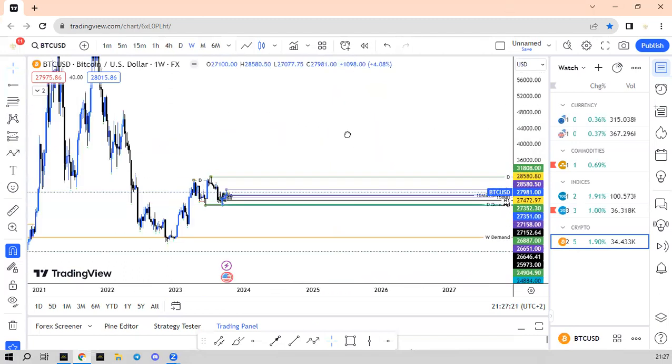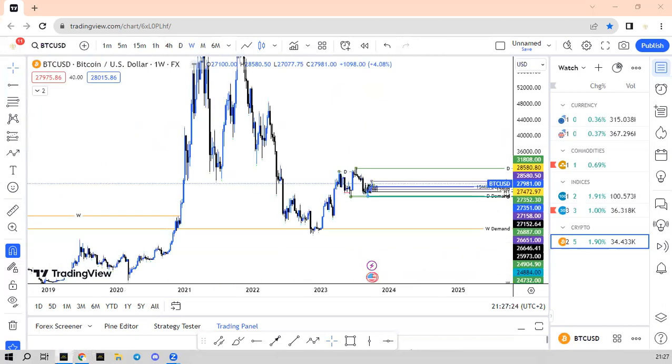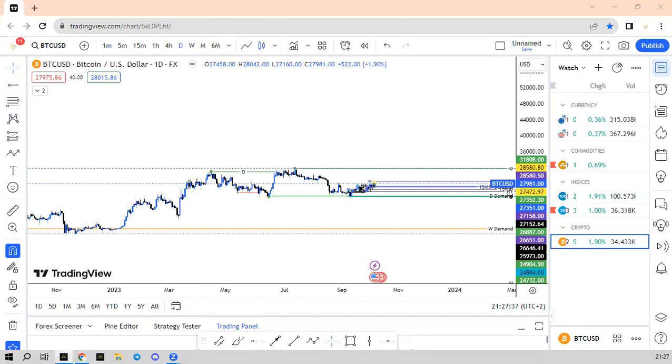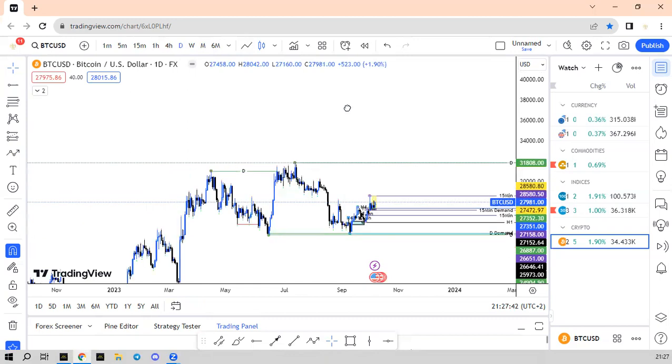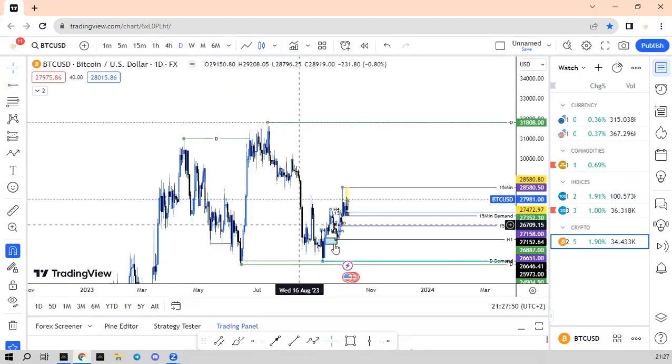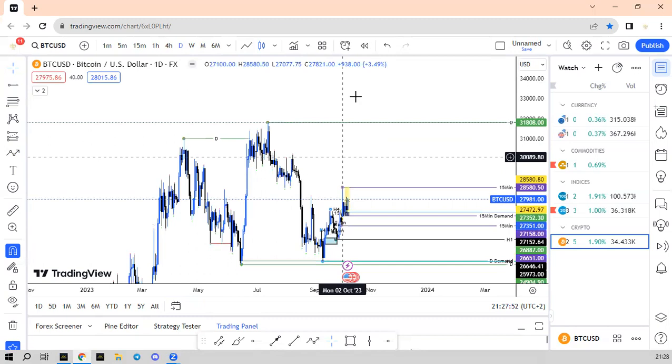So let's jump into daily range. Daily range is from this low to this high, a retracement and a possible continuation.